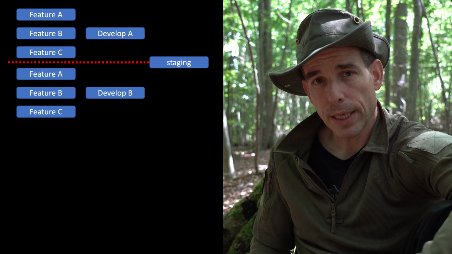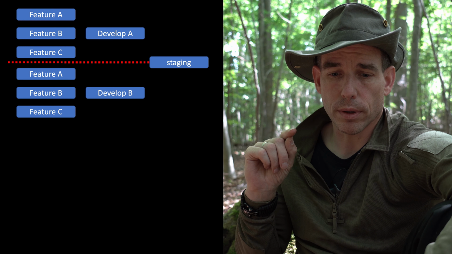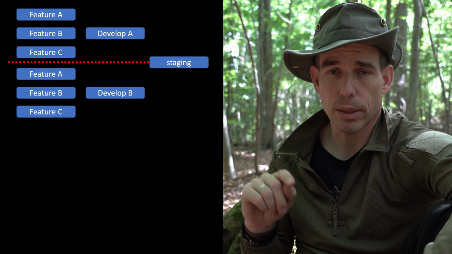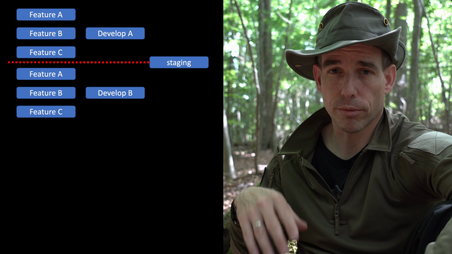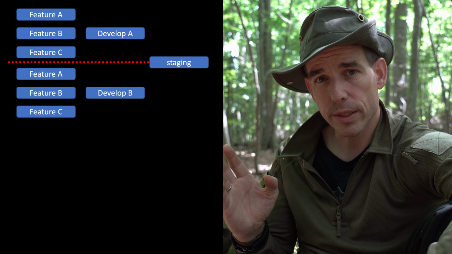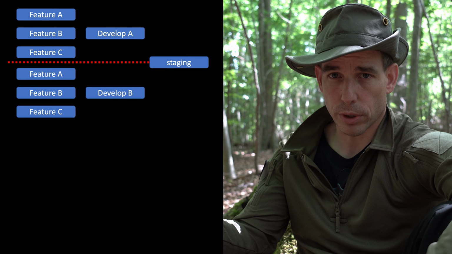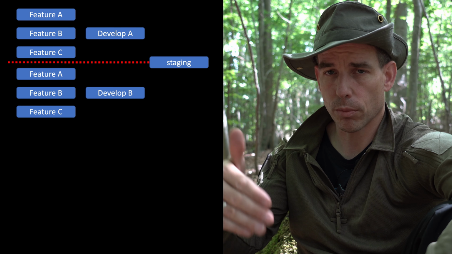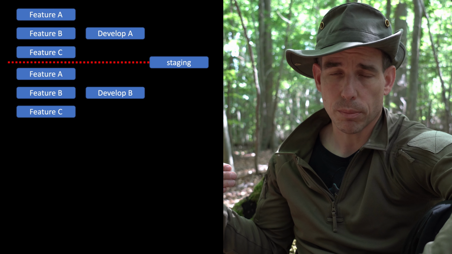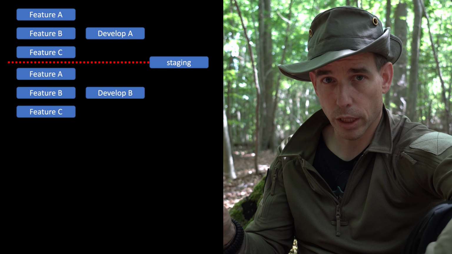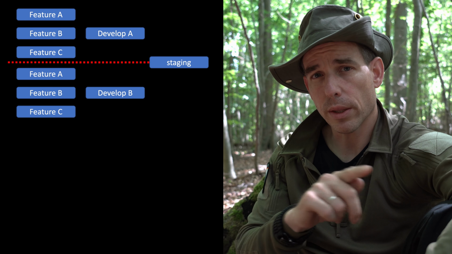But first, let's have a look at the frequency of creating binaries in different steps. So during the feature phase, you're creating a lot of binaries and pushing them to the repository. So the frequency is very high. The next step, if you're now building on a feature branch and you're pushing this to a repository, in the moment you're merging this feature branch to develop, you could delete all versions from this feature branch because they are not needed anymore, because the source code change is now on develop, and it will be rebuilt with other changes on develop.